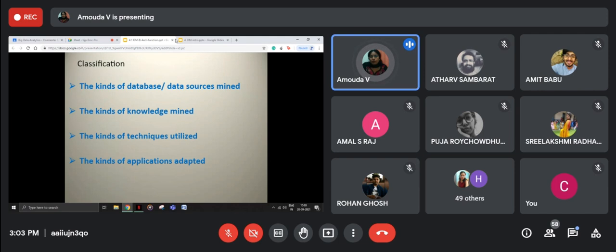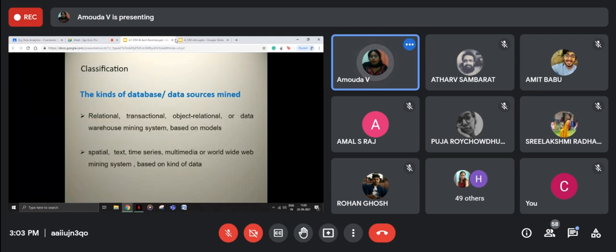Kind of database or data source mined. Maybe relational, transactional, object relational, or data warehouse mining systems based on the model. Or it may be spatial, text, time series, multimedia, or worldwide web mining systems based on the kind of data.